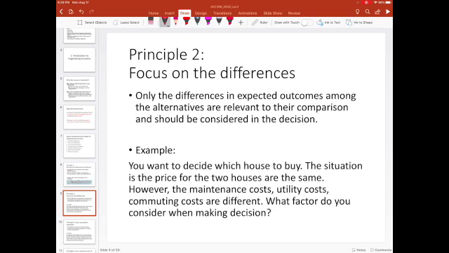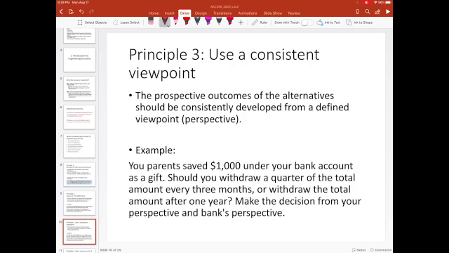So when you want to make a decision which house to buy, what you need to consider is those differences. You don't want to waste your time to think about the price anymore because they are the same, okay? Just focus on the maintenance cost, the utility cost, and the commuting cost to see which house can save you more. That's what this principle is about.